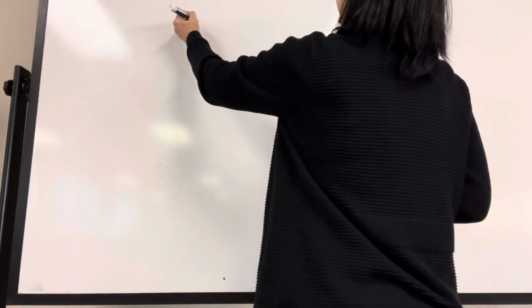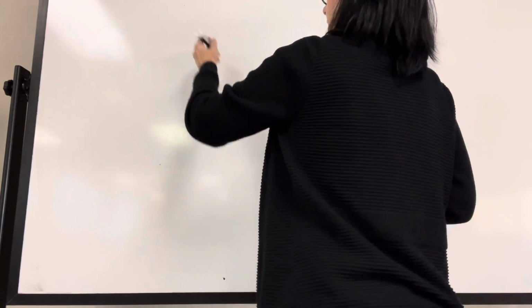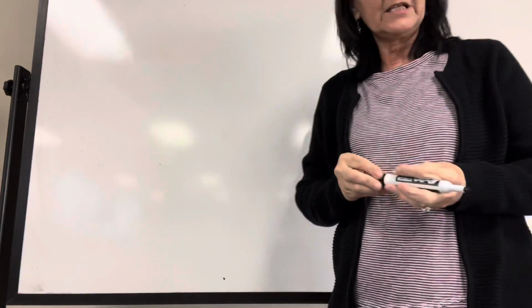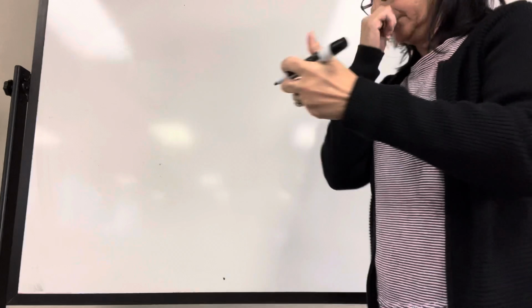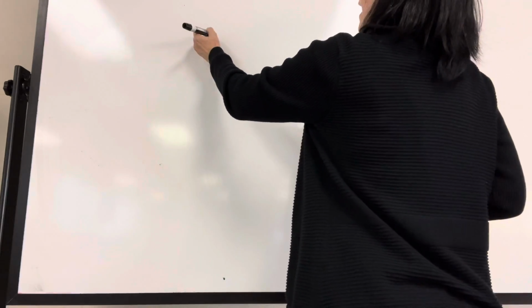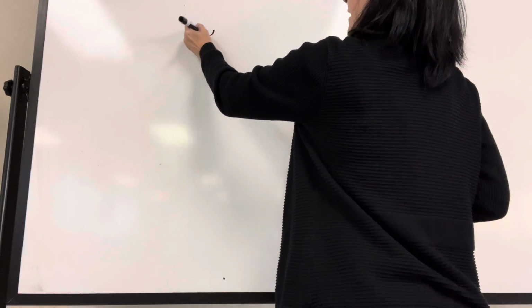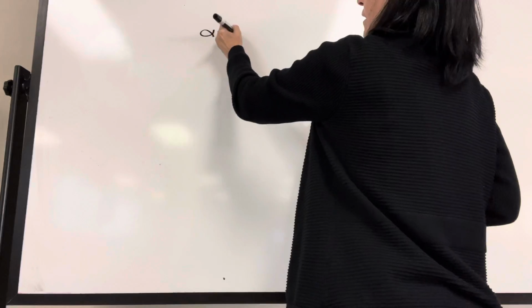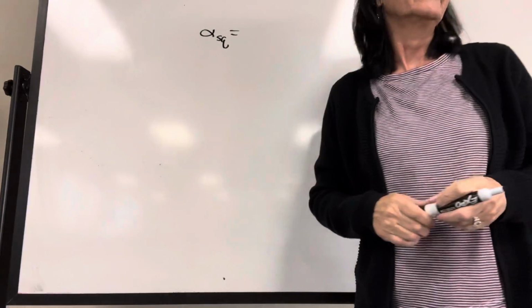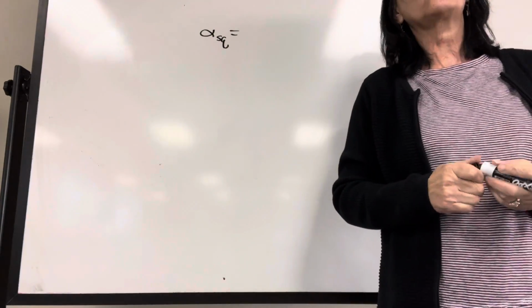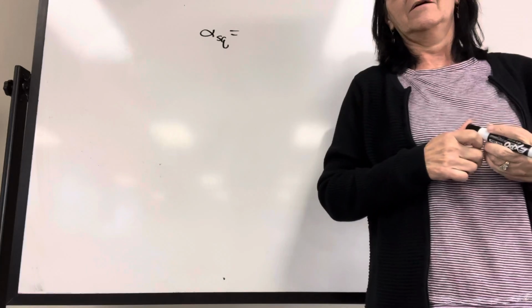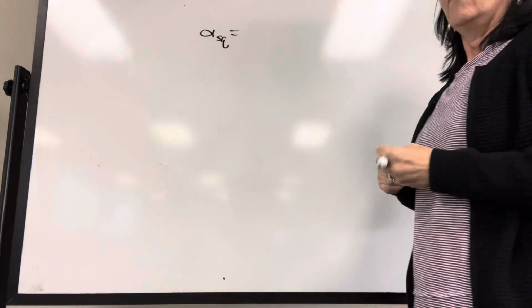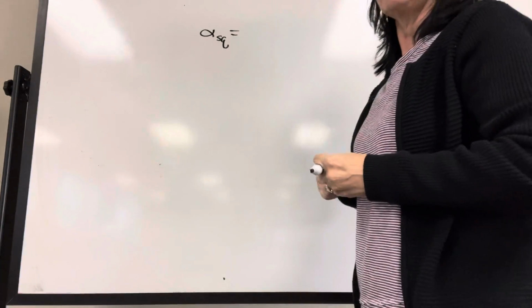So, I want y'all to listen because I'm going to bring some algebra in here. All right, the area of a square. How do I calculate the area of a square? Is the length different from the width?